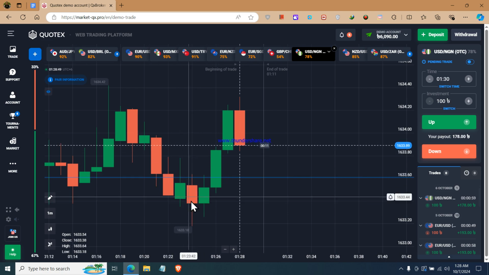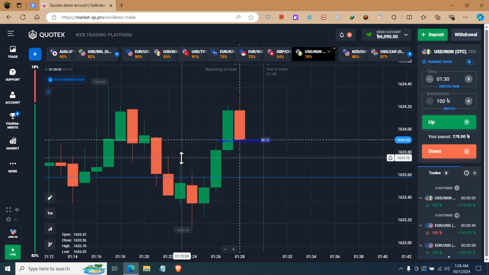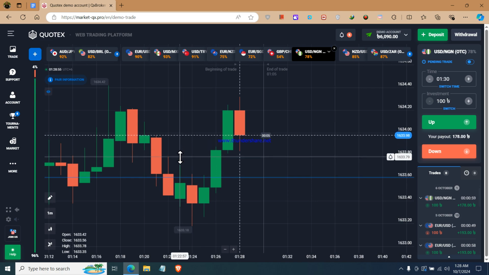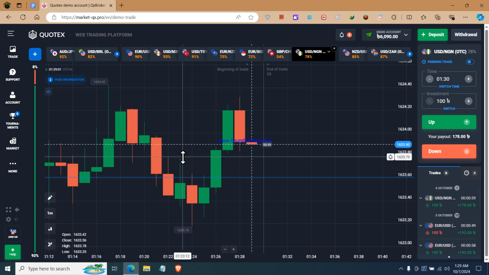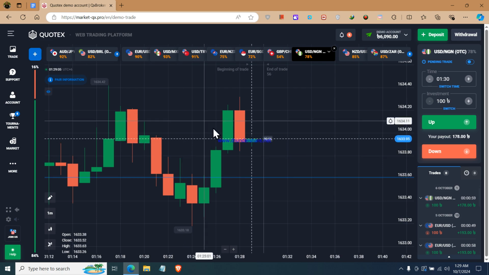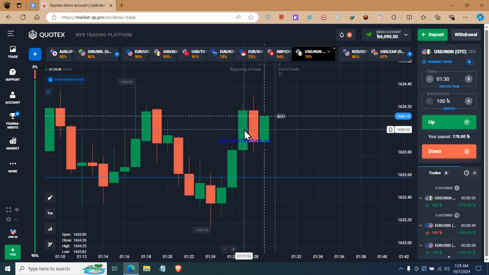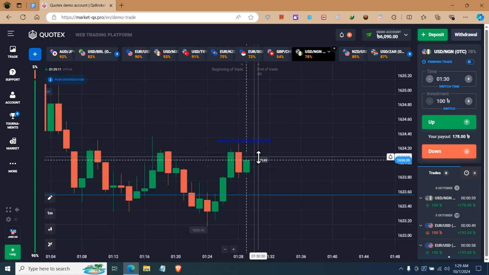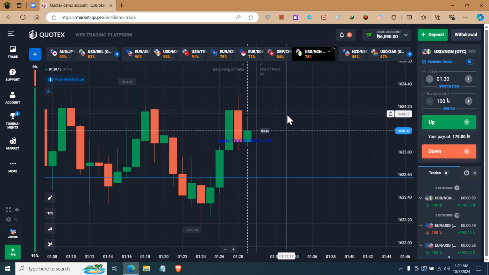You can see a small W pattern, and they broke this point, this 79 or 80 point. Okay, it was a seller's resistance, and the buyers broke this point, so the buyers continued. The buyers should have continued, and they did continue. That's why I placed my trade for call option.